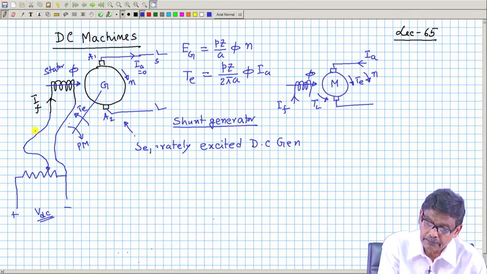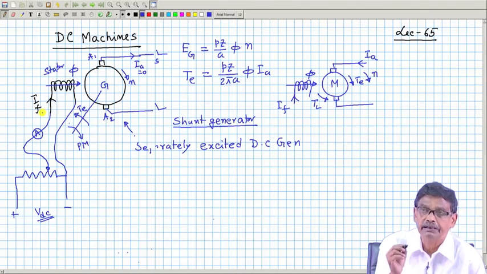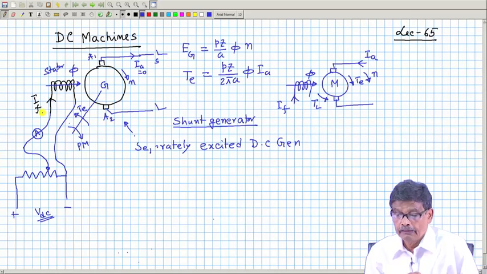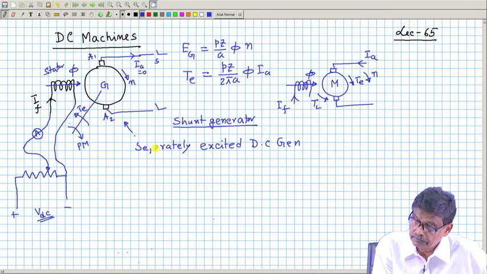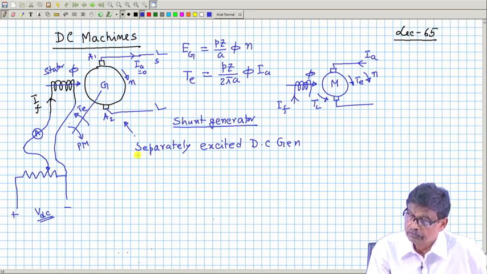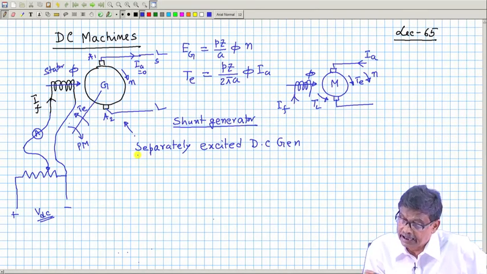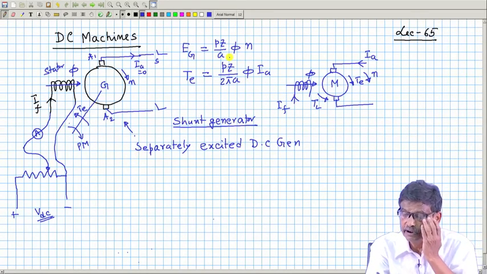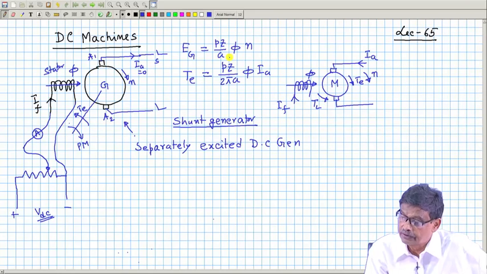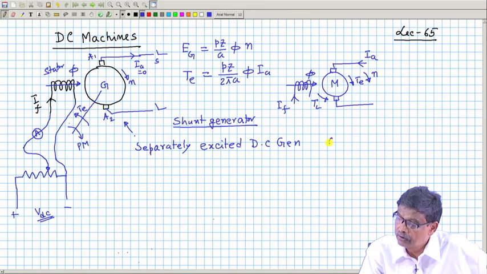If you connect an ammeter here, the field current can be increased. So, the characteristics of this generated EMF versus field current is called the OCC, or open circuit characteristics.